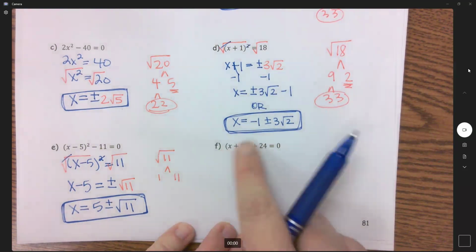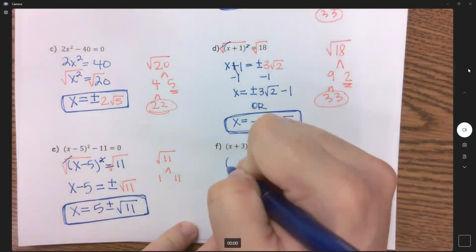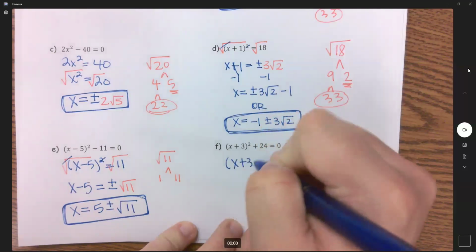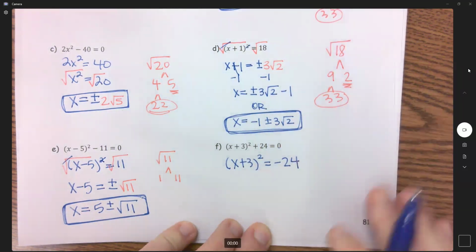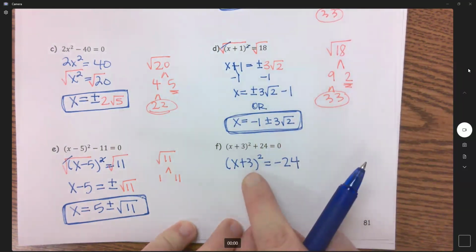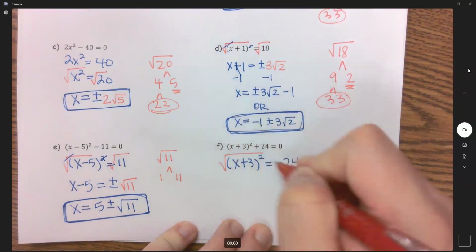So first thing we need to do is get that squared by itself. So we're going to move that 24 over by subtracting it. So I've got x plus 3 quantity squared equals negative 24. Now that the squared's by itself, the opposite of squaring is to take the square root.